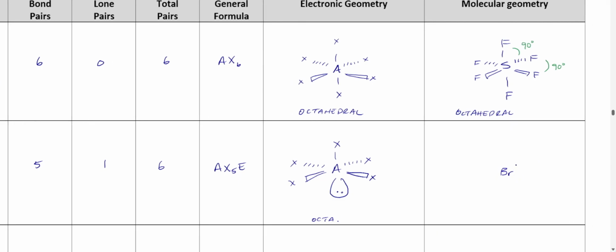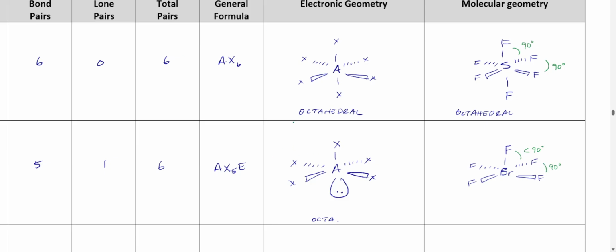But effectively this doesn't change the bond angles on the plane. Where it does change the bond angles is from this fluorine here and the plane itself. So this angle becomes less than 90 degrees. These are preserved at 90 degrees.